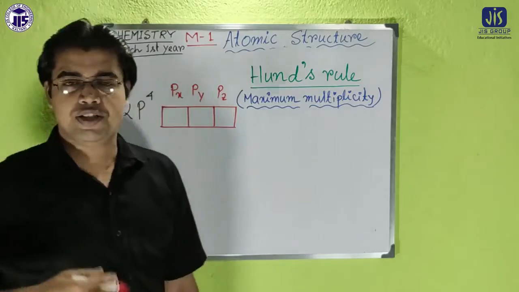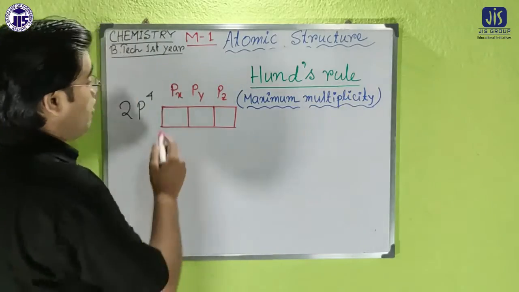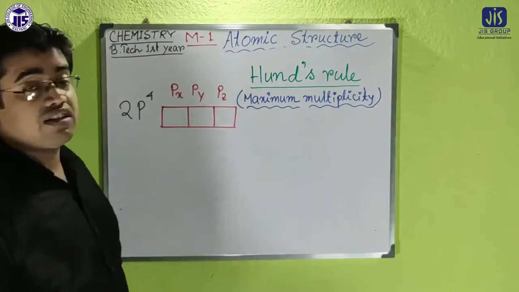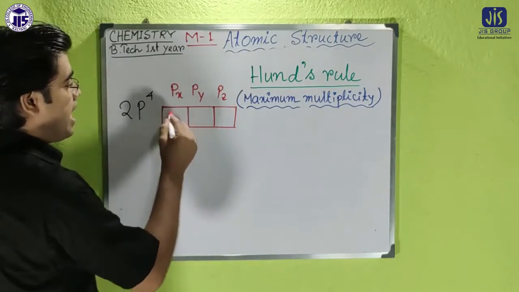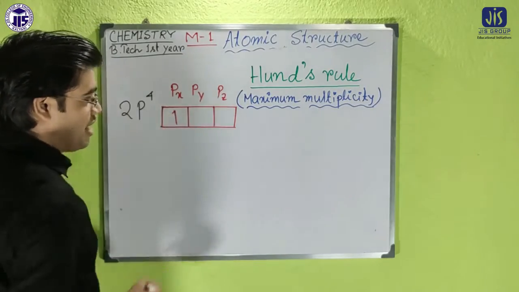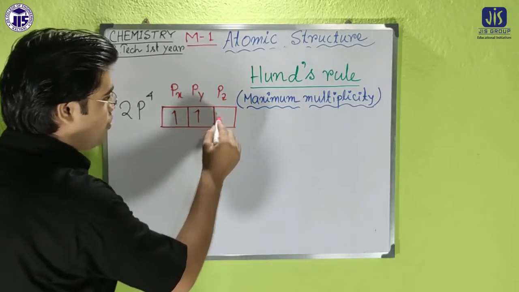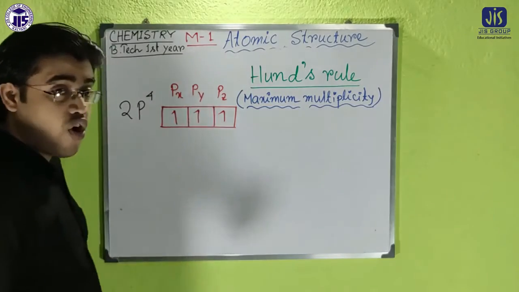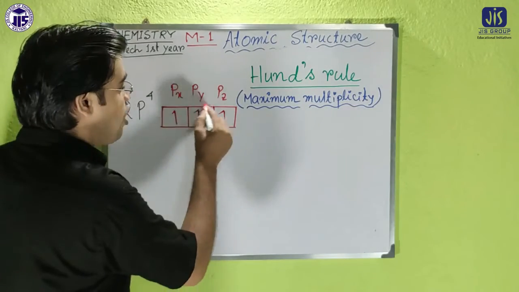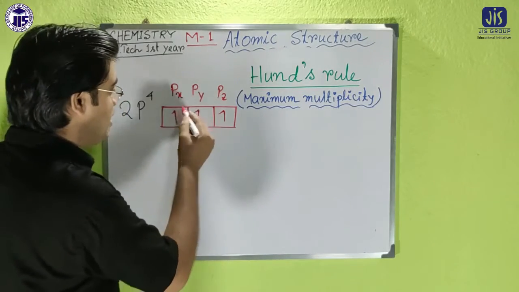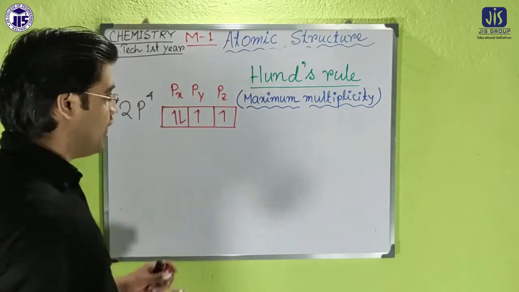We already discussed this in the previous class. Now if px, py, pz are the orbitals, according to Hund's rule, the electrons will pair only when all the orbitals of the subshell are singly occupied with the same spin.